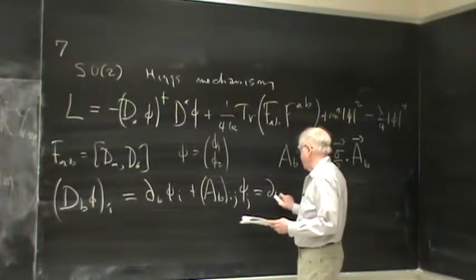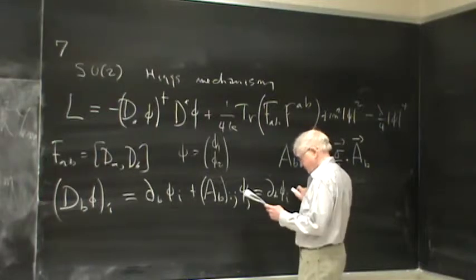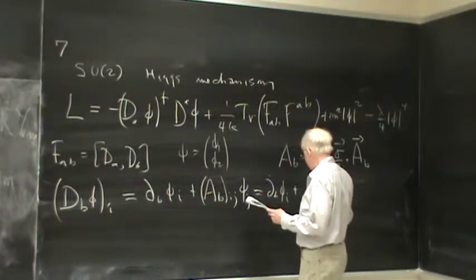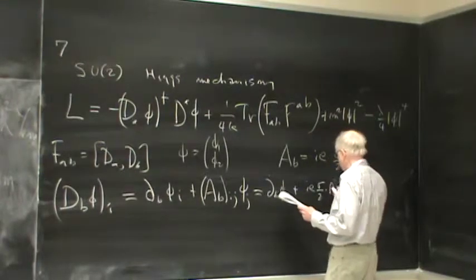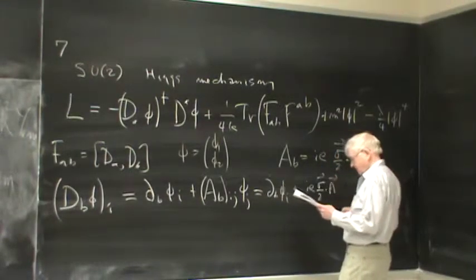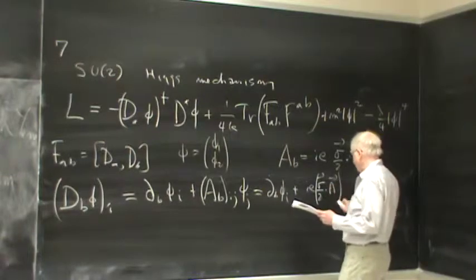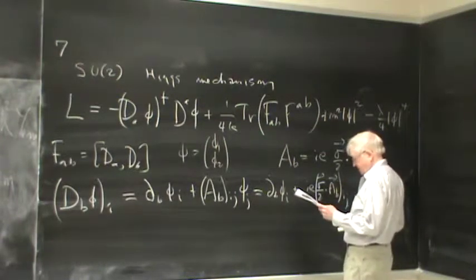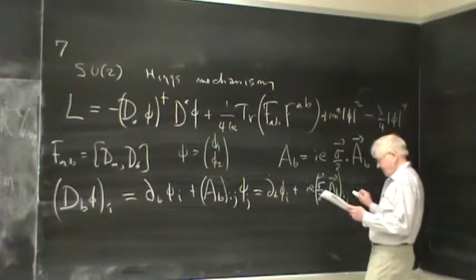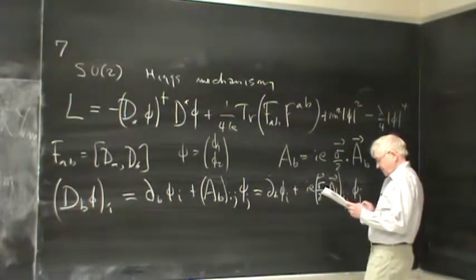And so that is d_B phi_i plus i e sigma over 2 dot A_B, ij phi_j.